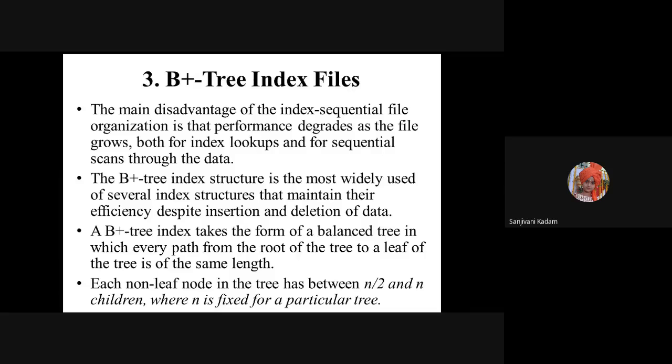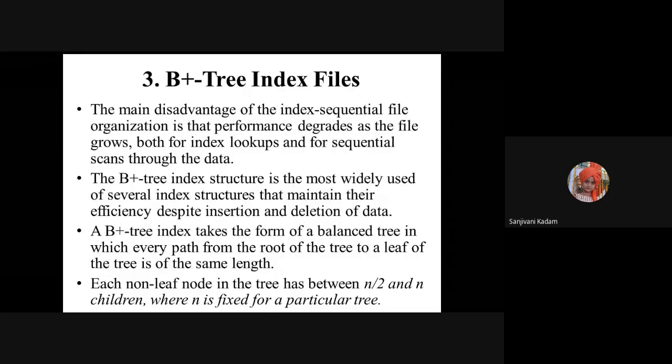Whatever leaf nodes are there, they are always at the same height or same distance from the root node. That is the main point. Retrieval of any record takes the same time as accessing any random record, whether it is the 1000th, the 2000th, or the first or second record. It takes the same amount of time to access that data. That is the main thing about the B plus tree.